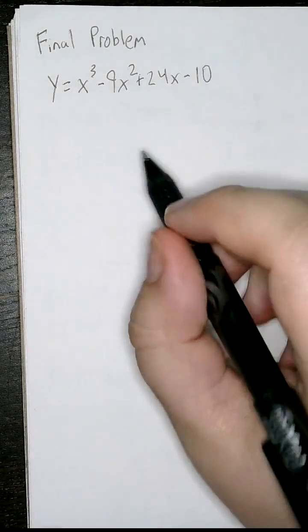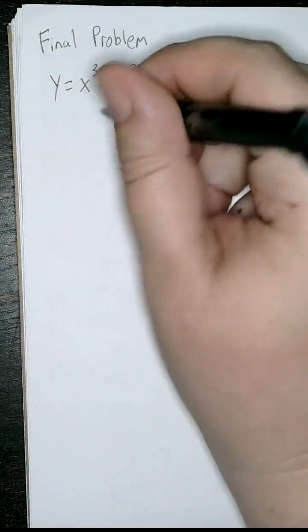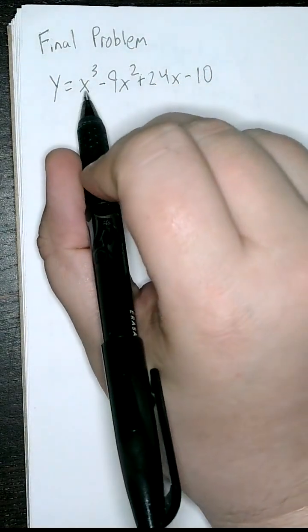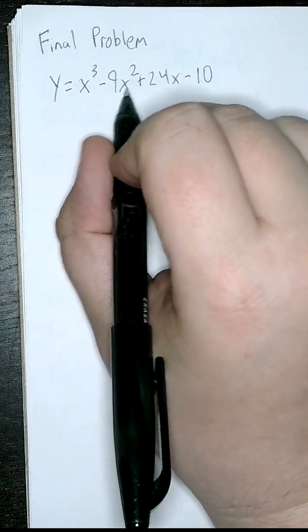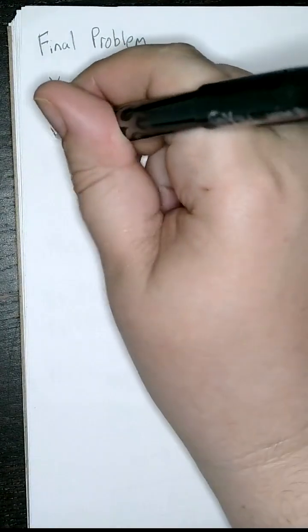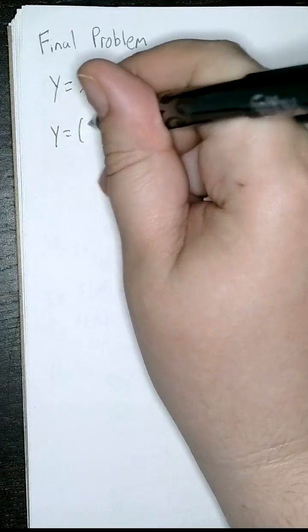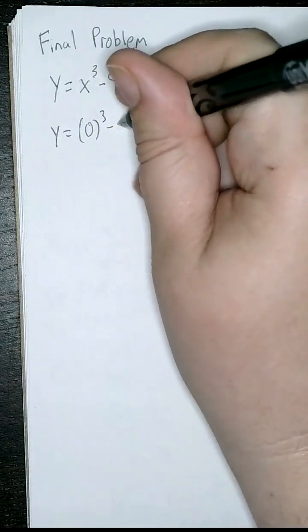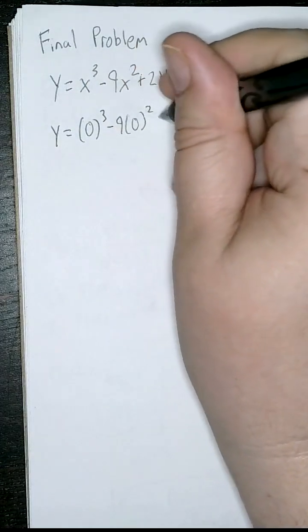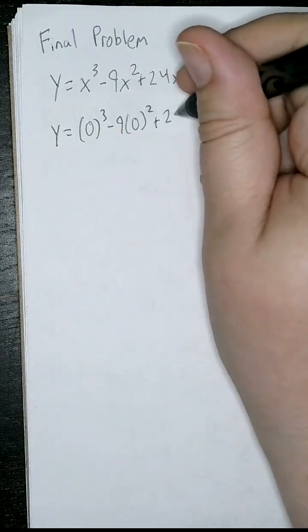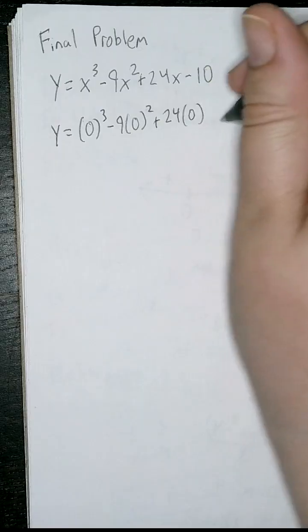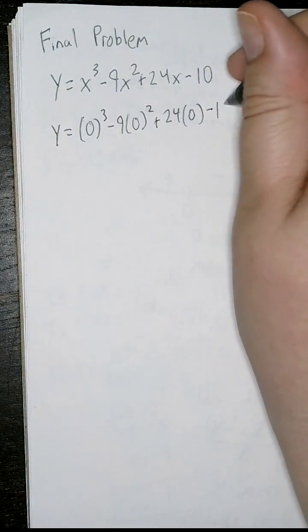That I can figure out. Remember, the y-intercept is found when I plug in 0 everywhere I see an x. So I have y equals 0 cubed minus 9 times 0 squared plus 24 times 0 minus 10.